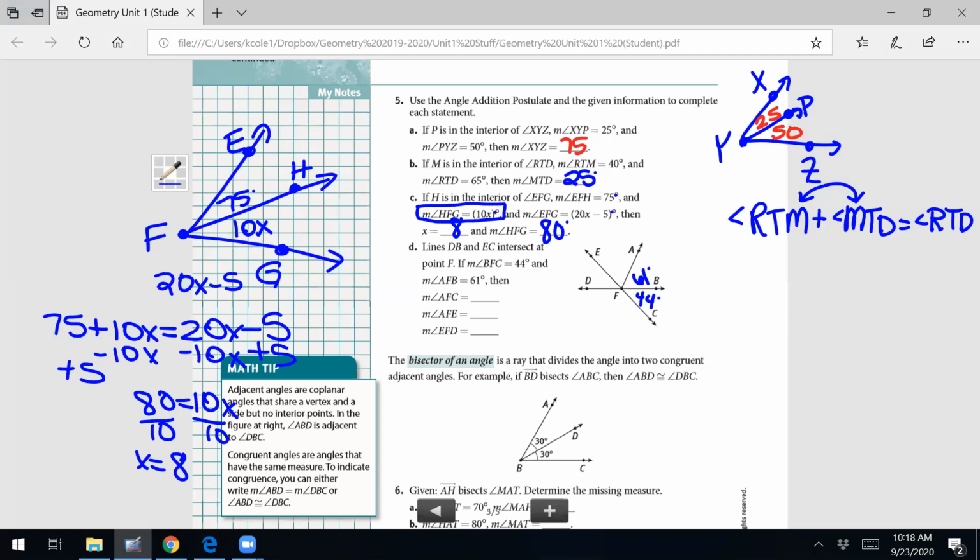Looking at AFC, that's the whole thing. How are we going to determine that? You just add them together. You add the two smaller pieces to get the larger piece. So what's 61 plus 44? 105.